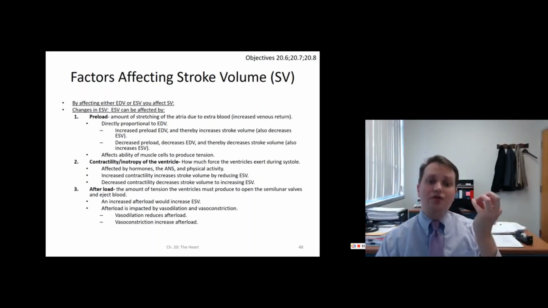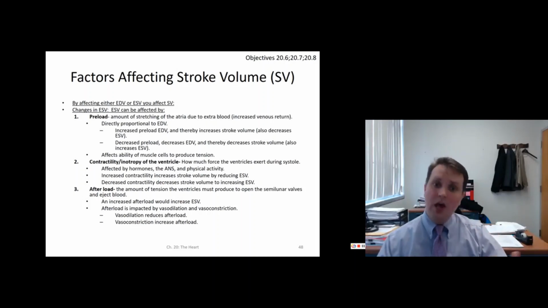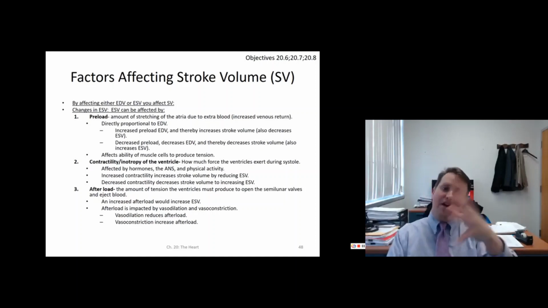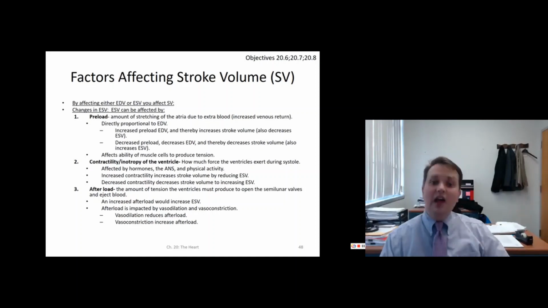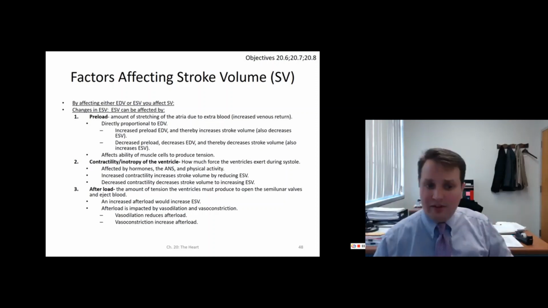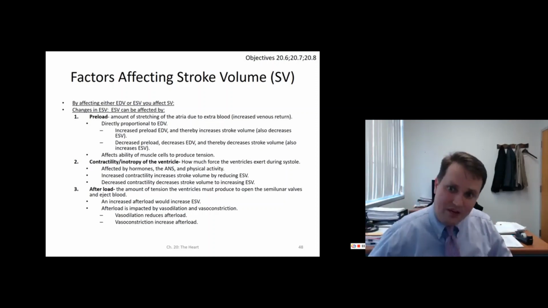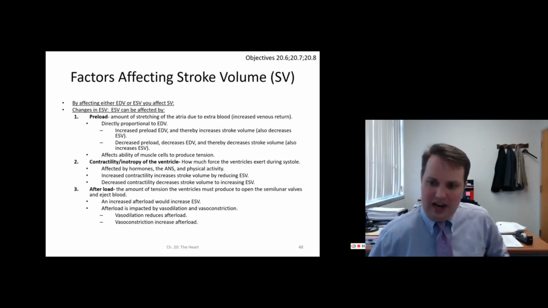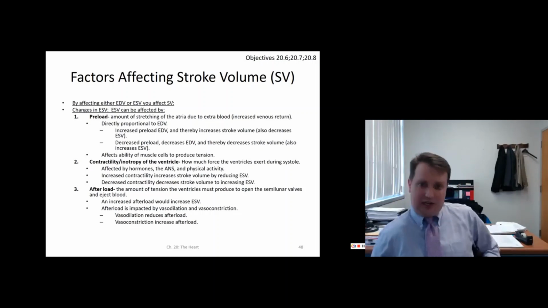So this is affected by hormones, like for example thyroid hormones, epinephrine, norepinephrine. It's affected by the autonomic nervous system, epinephrine, norepinephrine, and acetylcholine. It's also affected by physical activity. Now, for example, if you were extremely physically fit, like myself, I'm getting a little bit slimmer, been eating a lot healthier, so I've actually lost a little bit of weight again.